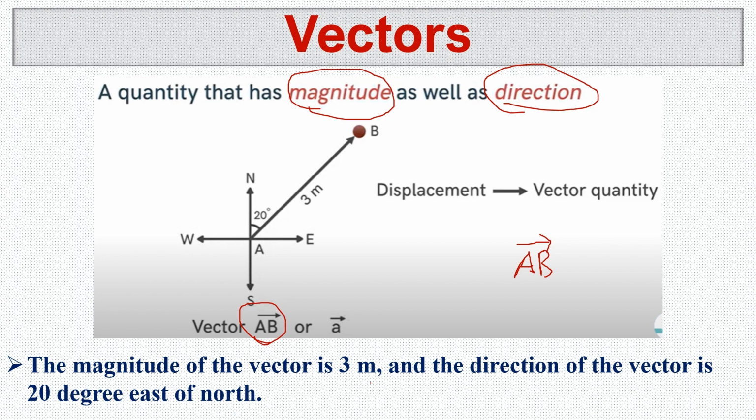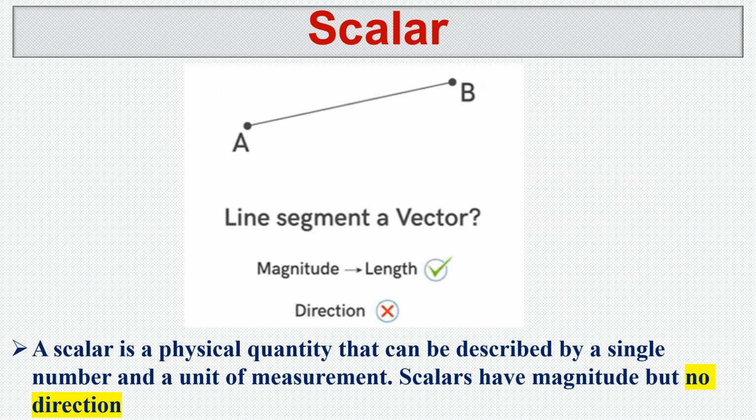The vector is 3 meters, and the direction of the vector is 20 degrees east of north. So if some quantity in mathematics can be represented by direction and magnitude, then that is a characteristic of a vector. That is a vector.